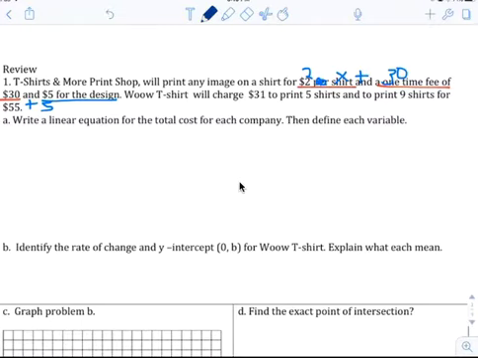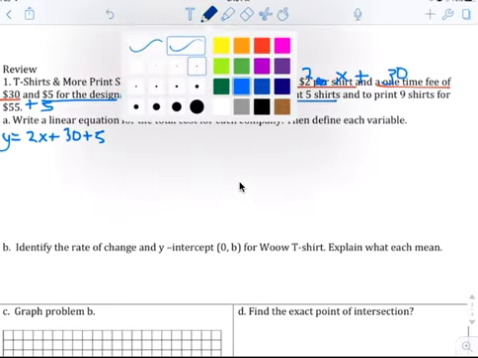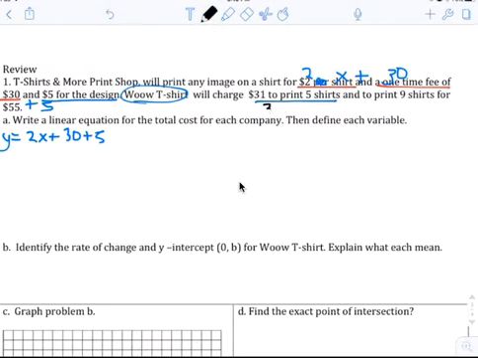So you got y equals 2x plus 30 plus 5. T-shirt. We'll charge $31 to print 5 t-shirts. $31 for 5 t-shirts.